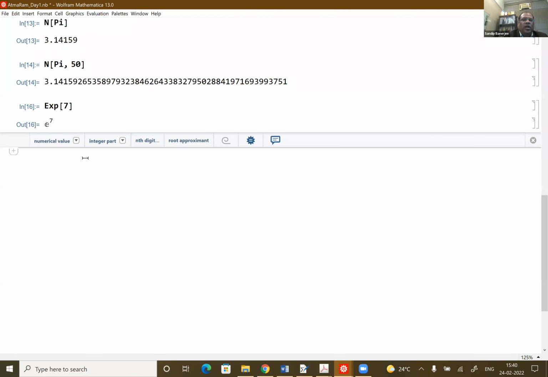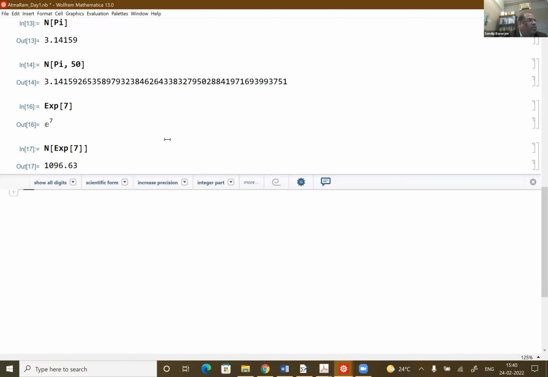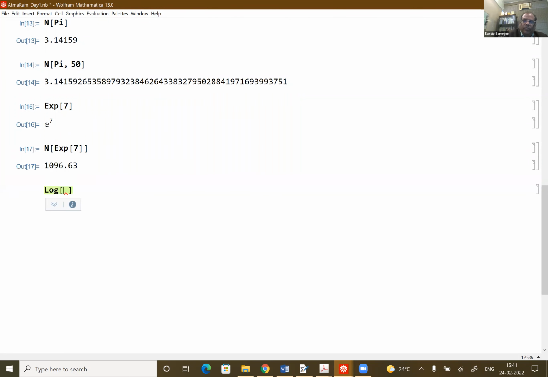If you want the numerical value of exponential 7, it will give you the value. So whenever you need a numerical value, all you have to do is type a capital N in front of the function. Then you have, say, log 5.